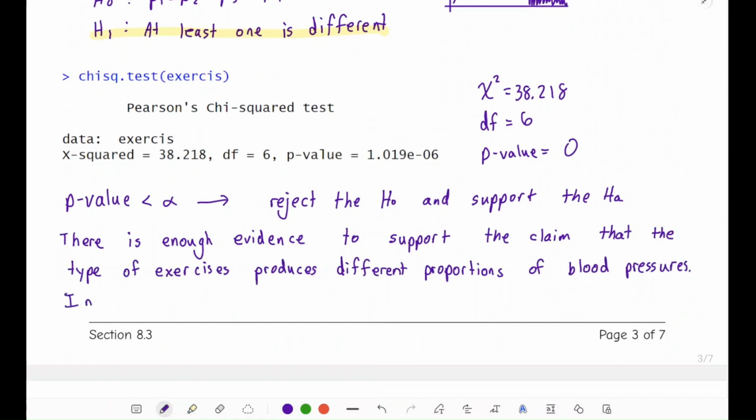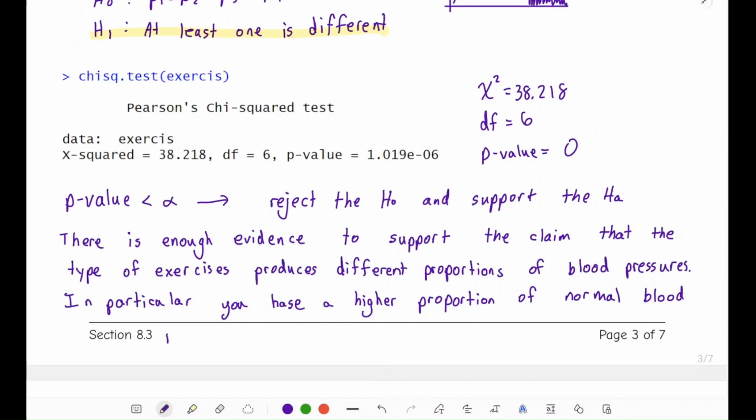In particular, yoga has a higher proportion of normal blood pressure and a lower proportion of hypertension type 2.